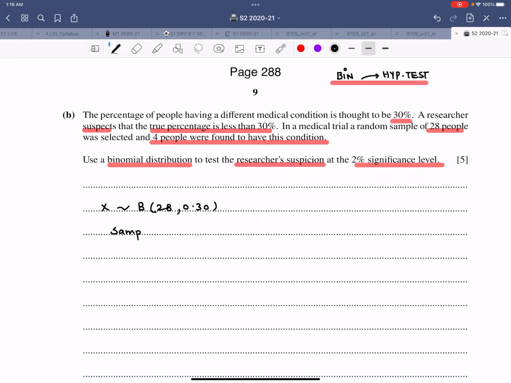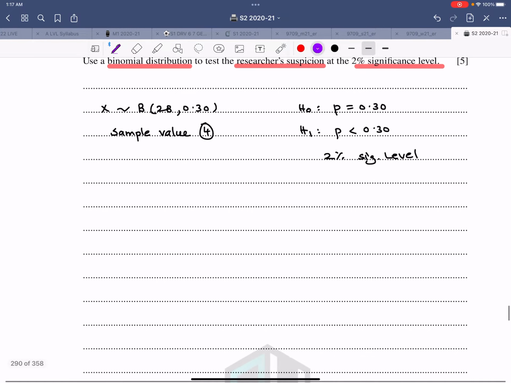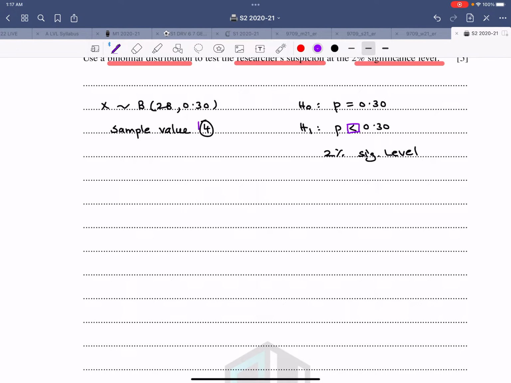Sample value, which by default is inclusive, is 4. H naught: p equals 30%. H1: p is less than 30%. And we are carrying out a test at the 2% significance level. This is the inequality in which we have to carry out the calculation: probability X is less than or equal to 4.